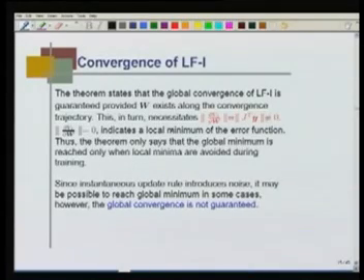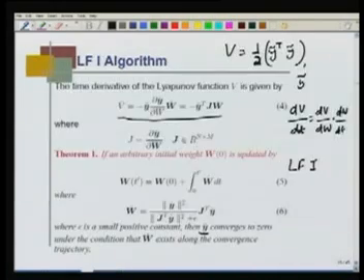This in turn necessitates that the norm of del V1 by del W, that is J transpose y tilde, is not equal to 0. This should always exist, J transpose y tilde should always exist.